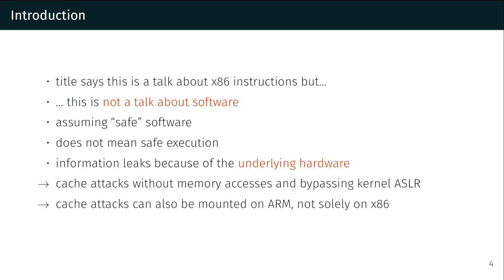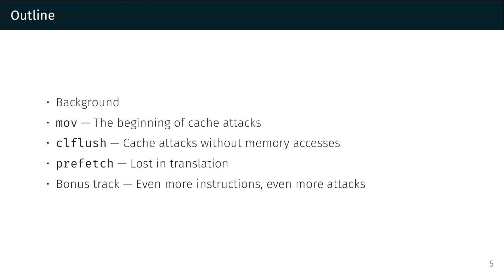Again, the talk says it's about x86 instructions, but this is even more global than that. We can also mount these cache attacks on ARM and not only on x86, so some of the examples that you will see also apply to ARM. Today we'll have a bit of background, and we'll see mainly three instructions. First, mov and how we can perform these cache attacks.